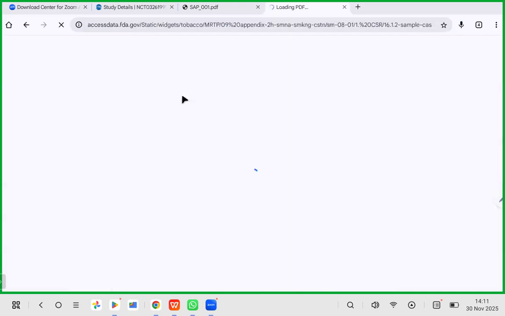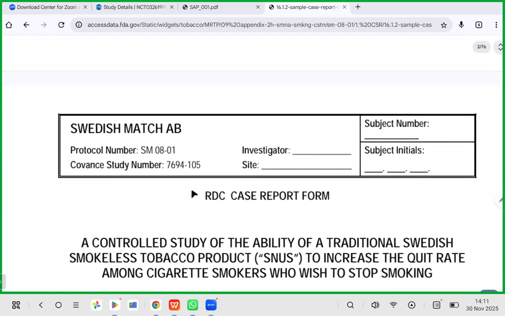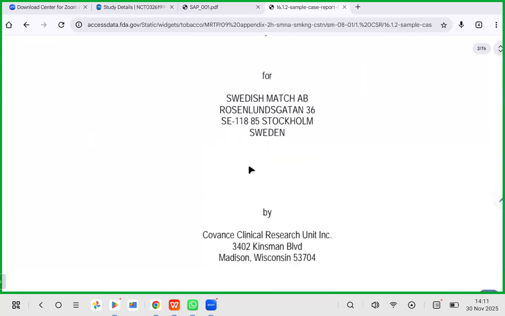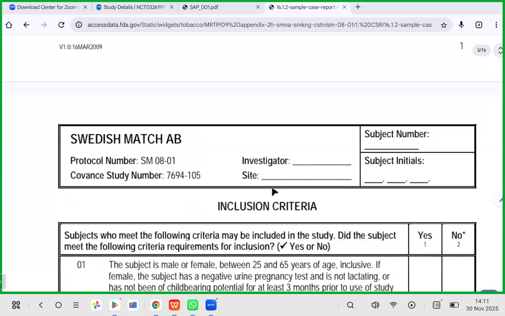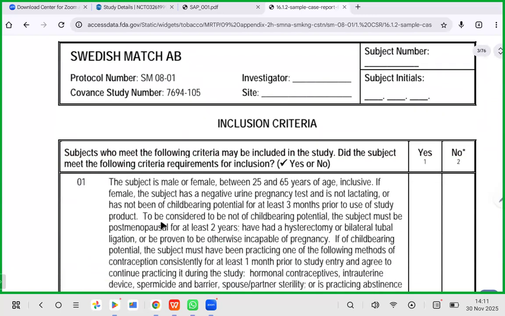What does that mean? It is the questionnaire, the form where the data is collected. For each subject, they will give this form and ask the questions. For example, for each inclusion criterion there will be a question, such as whether the subject is male or female.